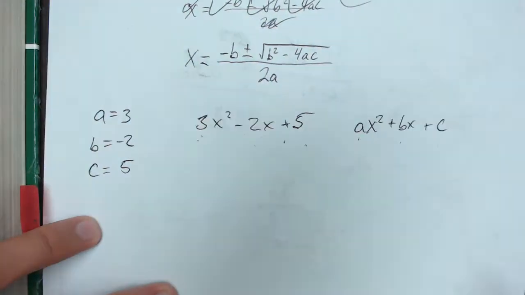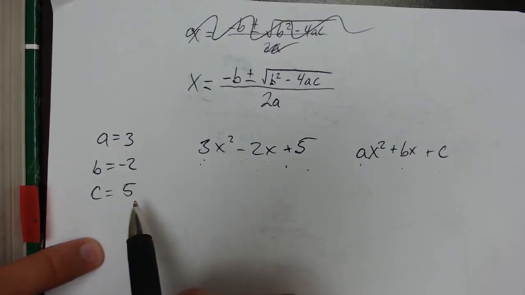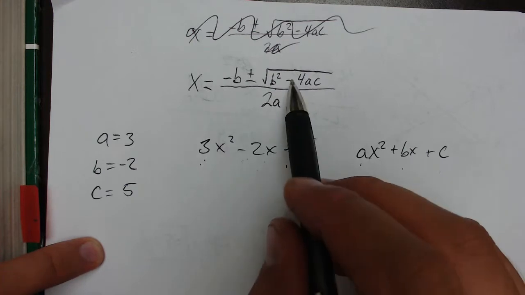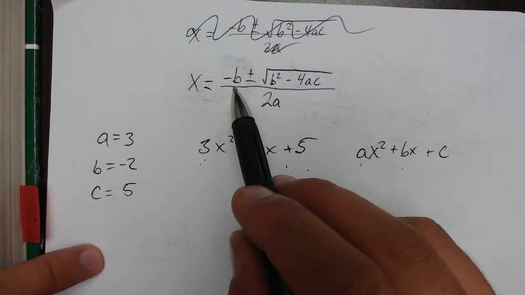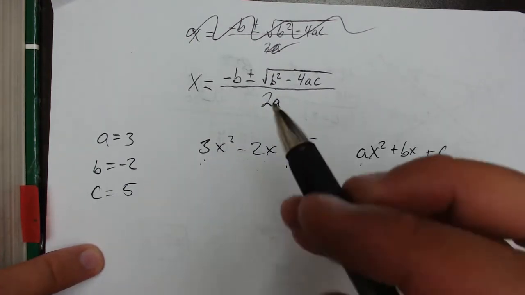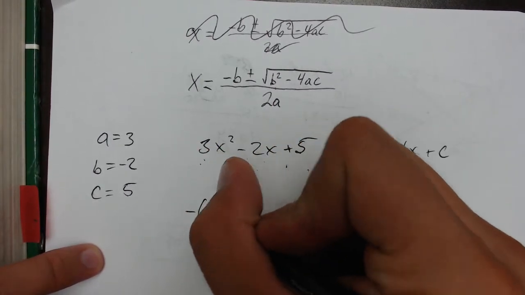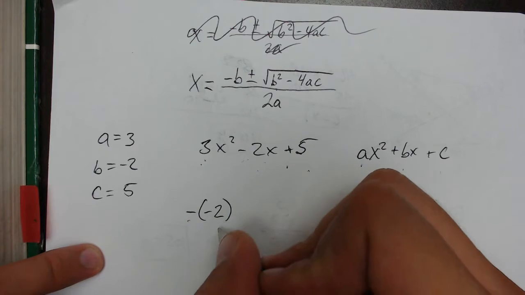c equals positive 5. Now that we've gathered that information, we're going to plug it into this equation. We're going to use our plug-in method. So instead of writing negative b, I'm going to write negative parentheses negative 2, because we always substitute inside of parentheses. So negative, negative 2, or negative b.